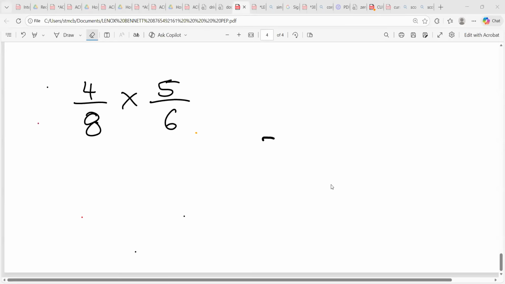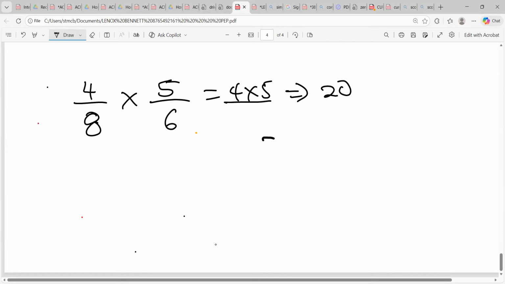All right, so what I did was I multiplied the numerator by the other numerator, which is 4 times 5, which is 20. And then I multiplied the denominators, which is 8 times 6, which equals 48. So 4 times 5 is 20, and 8 times 6 is 48.